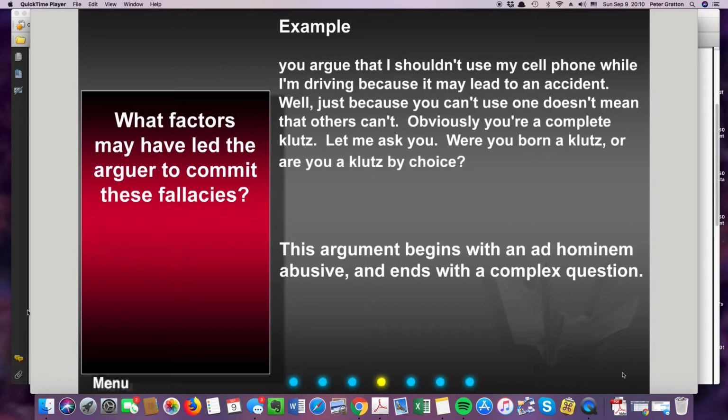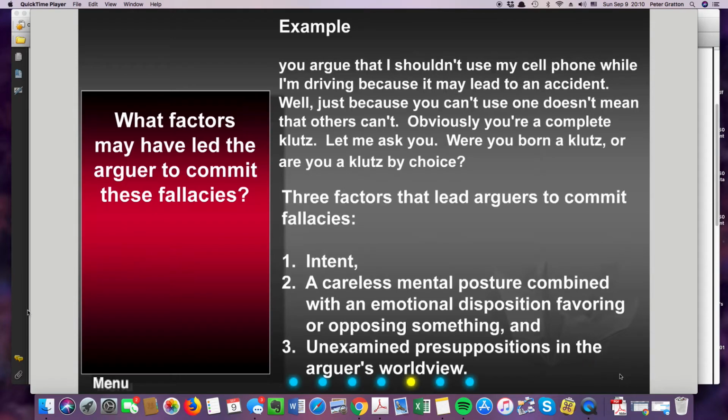So why may the arguer have been led to make these fallacies? Well, one reason could be intent. They intentionally are trying to get out of having to face the fact that they're using a cell phone while driving, and it may lead to an accident. It could be that they're careless mentally, that is, they have an emotional disposition favoring or opposing.